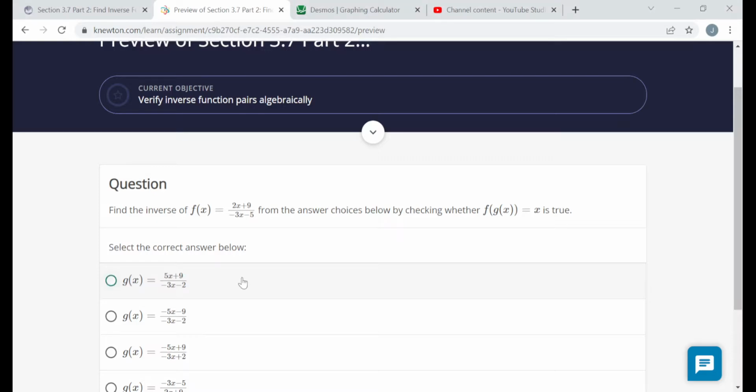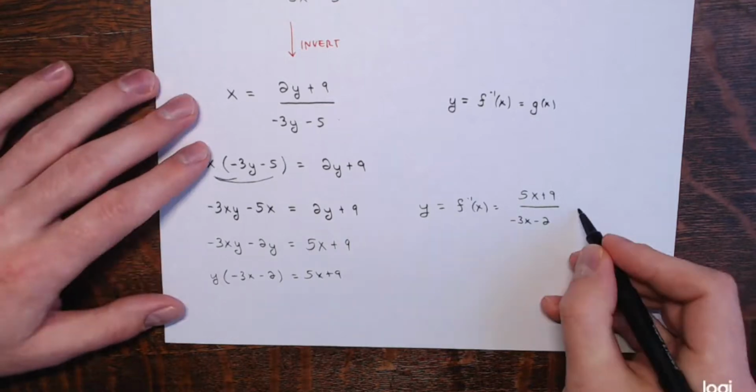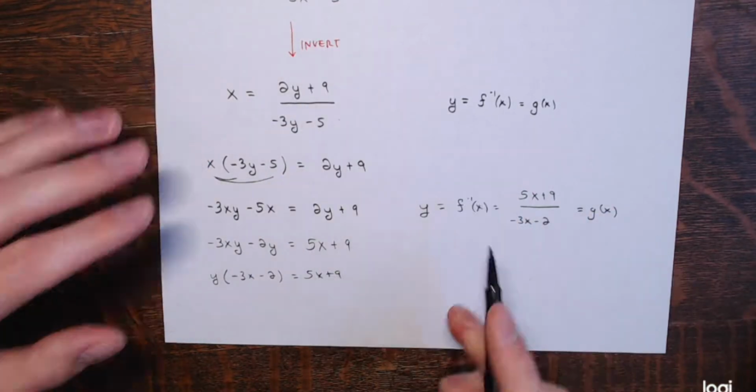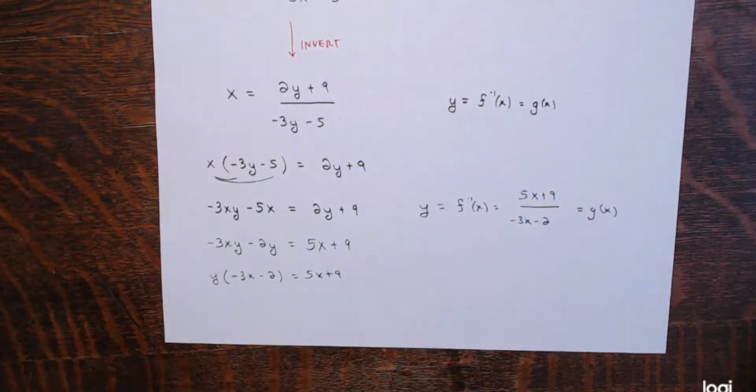So that's it. Now they're asking us to verify that when you compose them, they undo each other. So I'll do that here. Again, they're calling this g, and let's compose them. This was f up top.